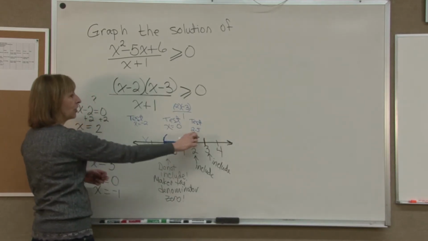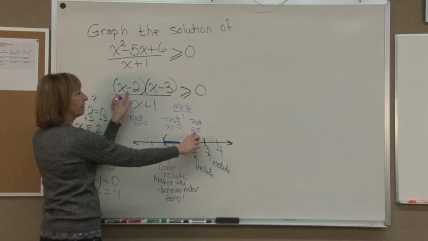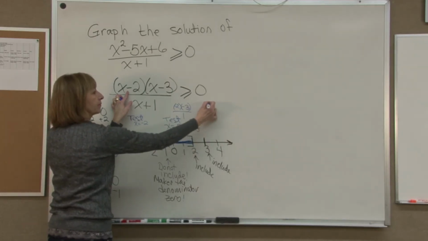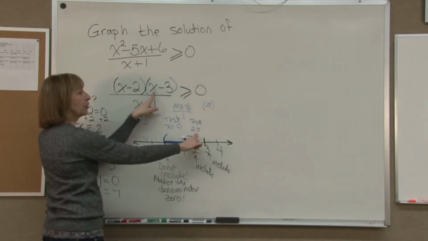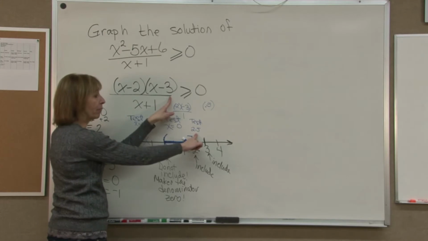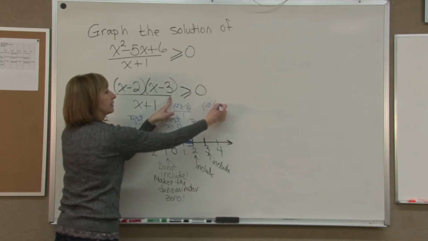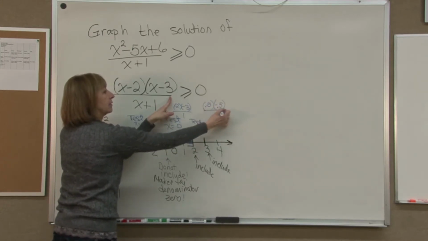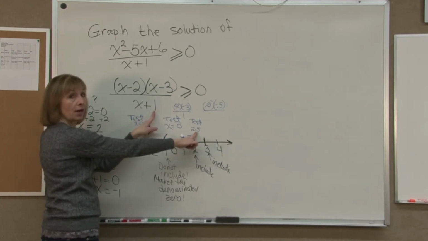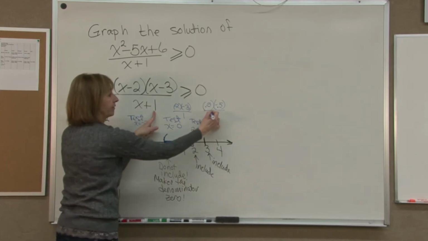Okay, so 2.5 subtract 2 is going to give me a positive 0.5. 2.5 subtract 3 is a negative 0.5. 2.5 plus 1 is 3.5.